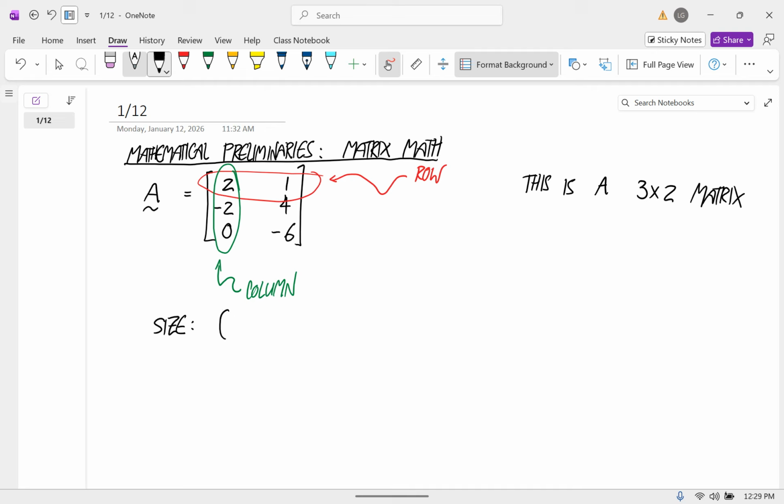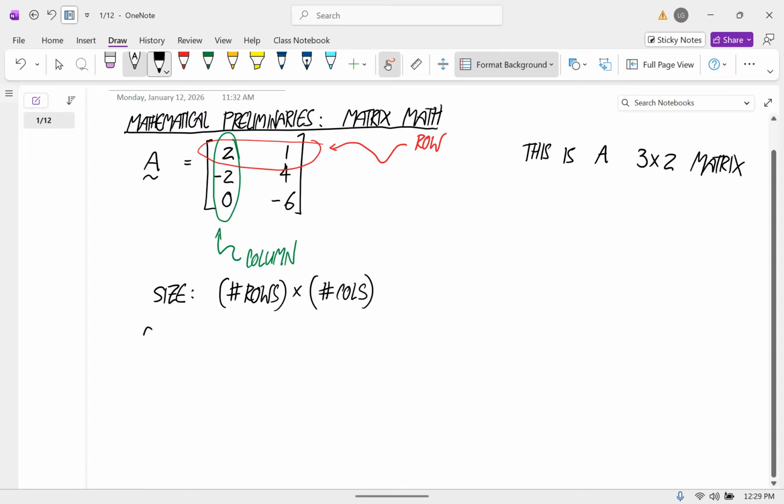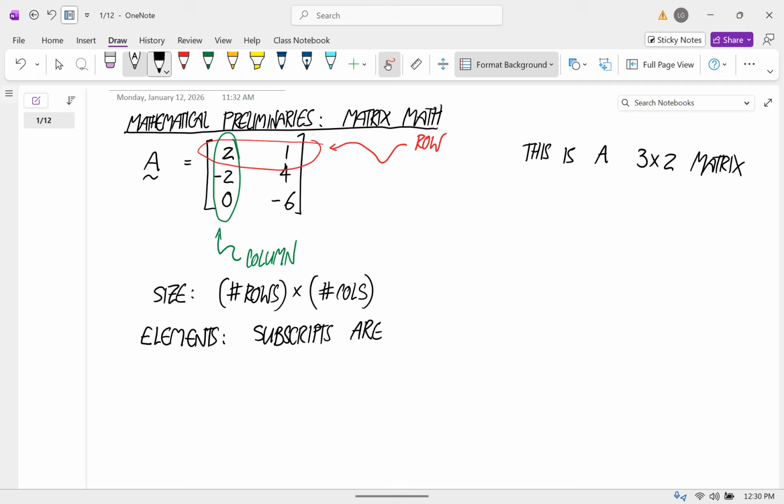So the size is given as the number of rows by the number of columns. If you're talking about specific elements from a matrix, the subscripts of the element are the row followed by the column.